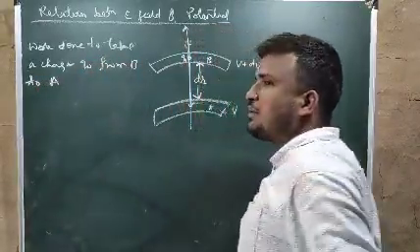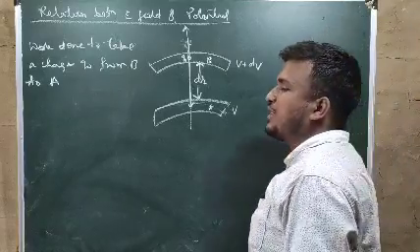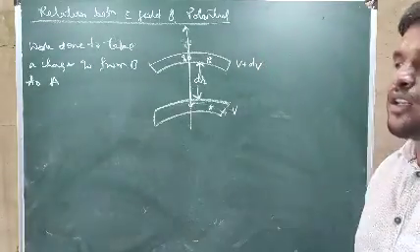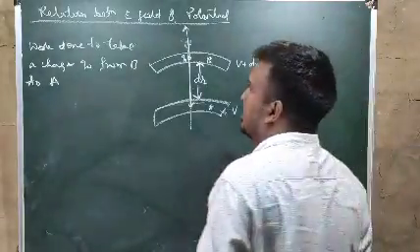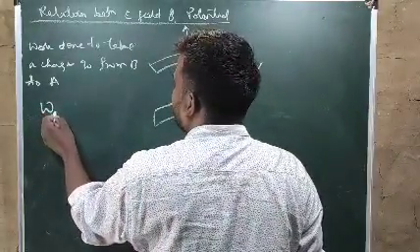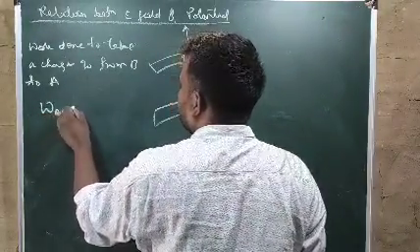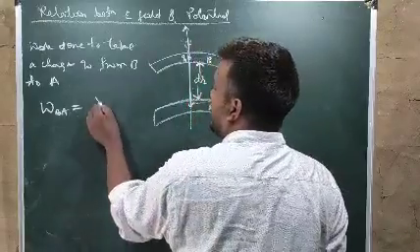Work done is force into displacement, or also we can say work done is nothing but the potential difference between the two surfaces. So work done from B to A will be equal to VA minus VB.